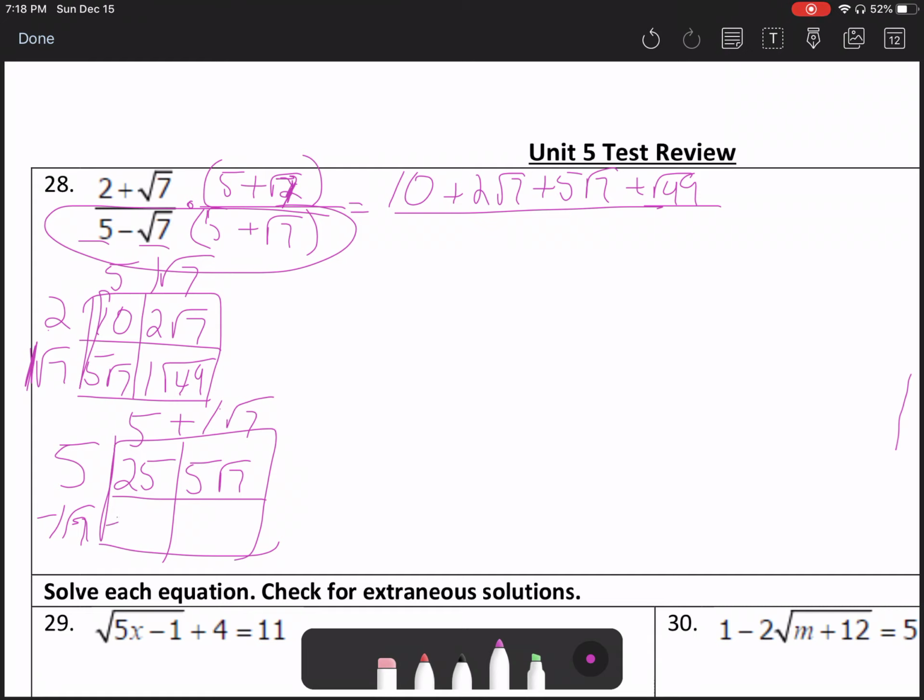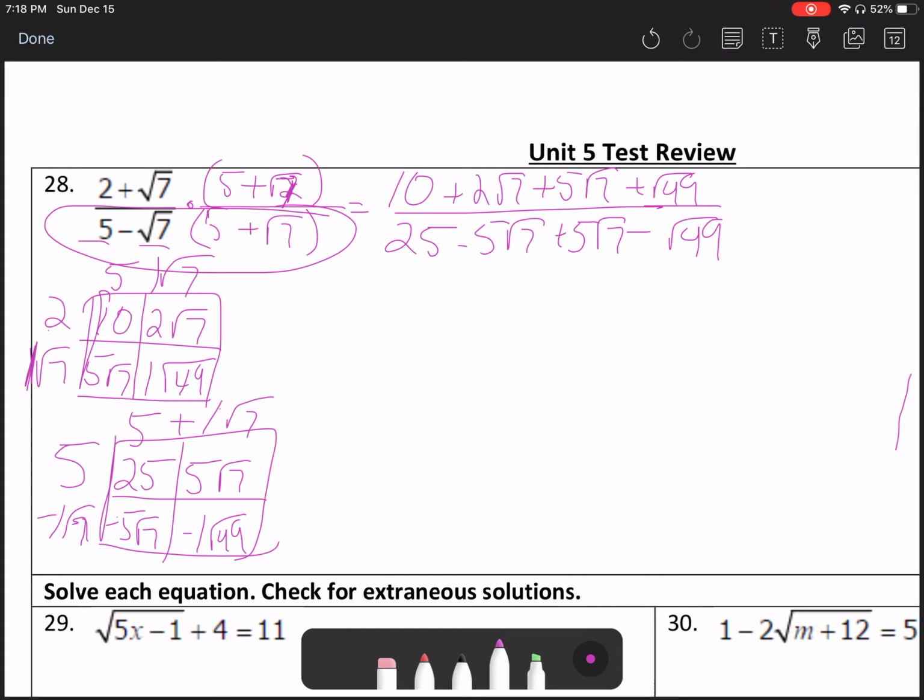Negative 1 times 5 is negative 5 radical 7. Negative 1 times positive 1 is negative 1. Radical 7 times radical 7 is radical 49. So I'll write it all out. So this is 25 minus 5 radical 7 plus 5 radical 7 minus radical 49.